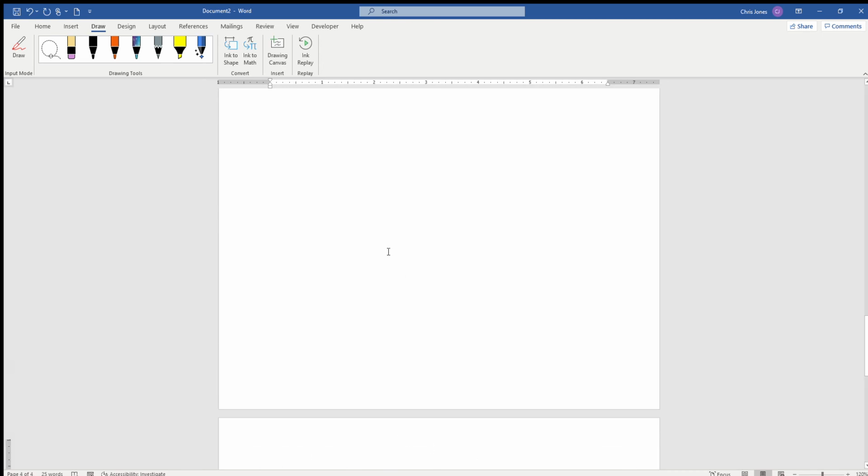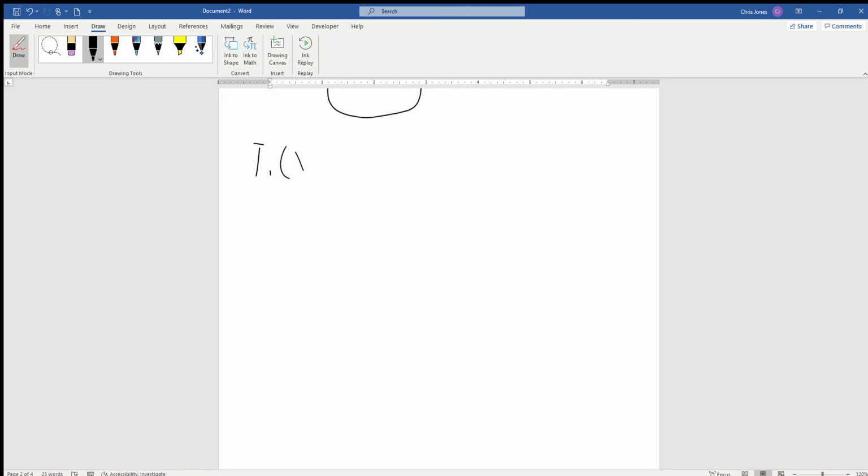So T sub 1 of x is going to be equal to the series n equals 0 to 1 of x to the n over n factorial. And if I just write out the first two terms, that's x to the 0 over 0 factorial plus x to the first over 1 factorial, or 1 plus x.